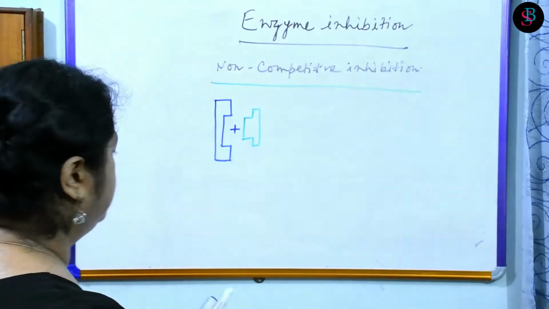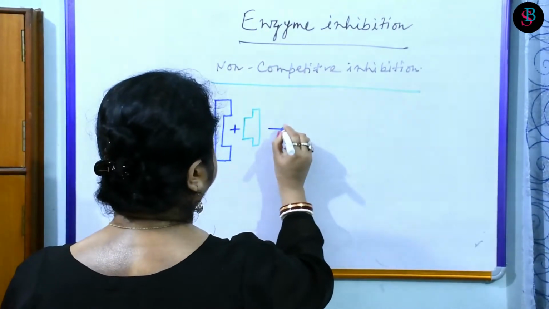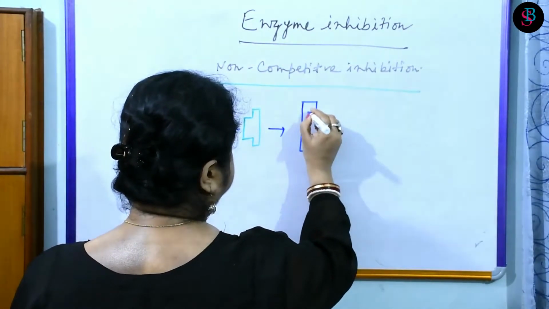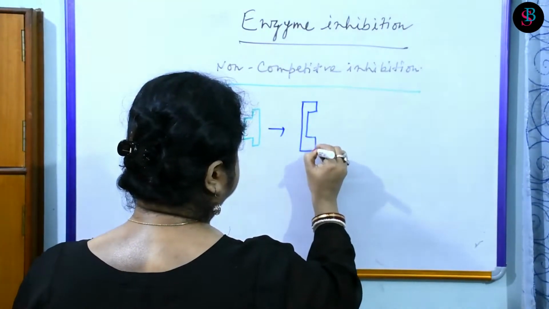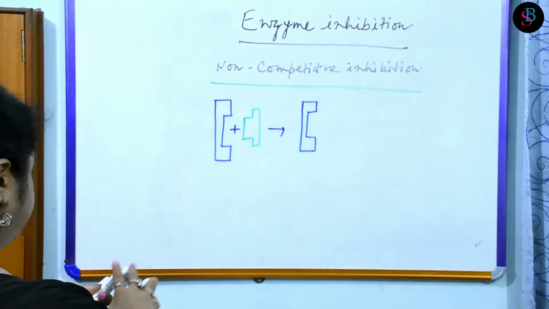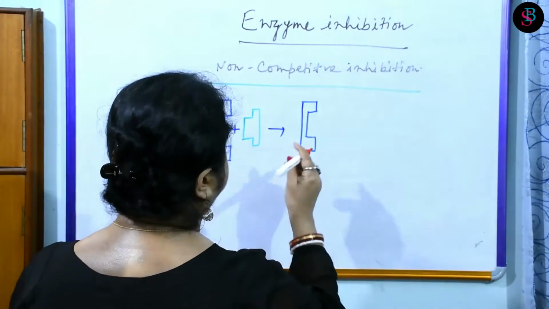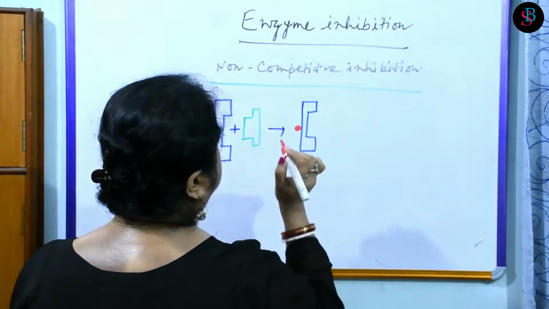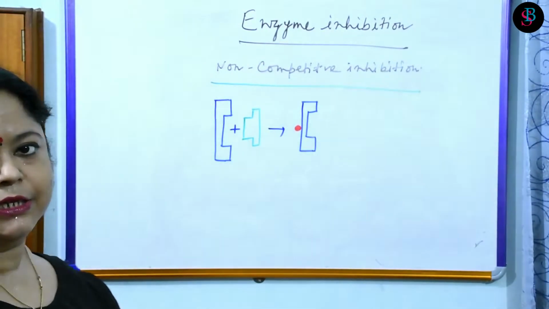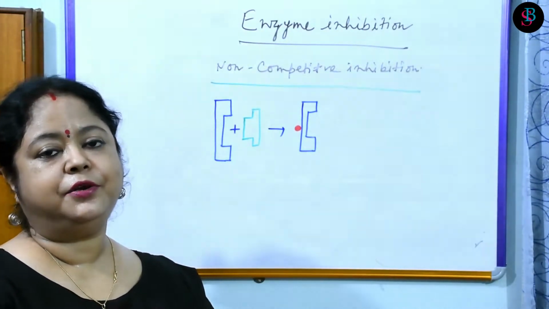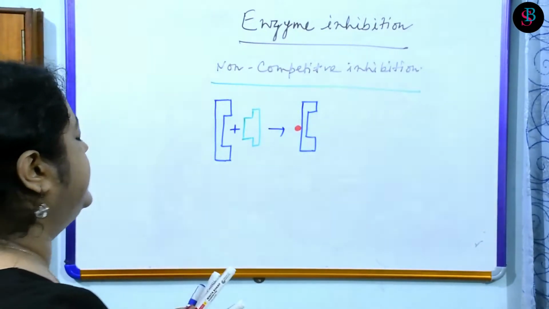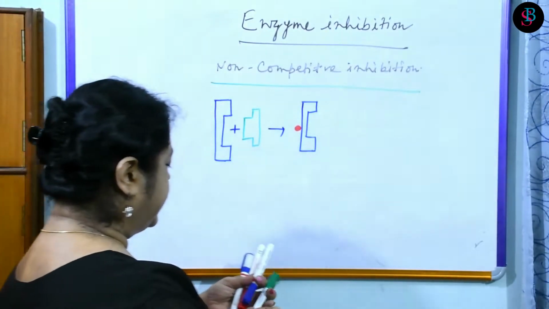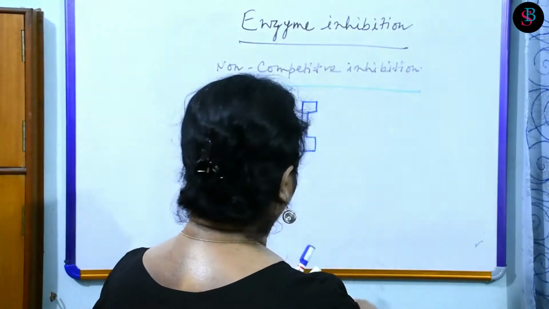How? Suppose this is the enzyme molecule and the non-competitive inhibitor is binding here. पीछे से अटैक करते हैं, सामने से सीधे नहीं, पीछे से अटैक करते हैं, and now it will change the structure of the enzyme molecule.